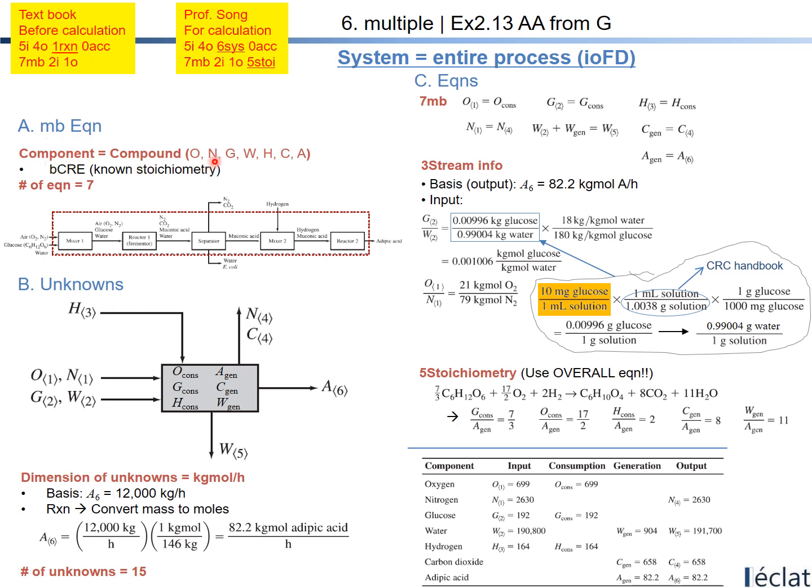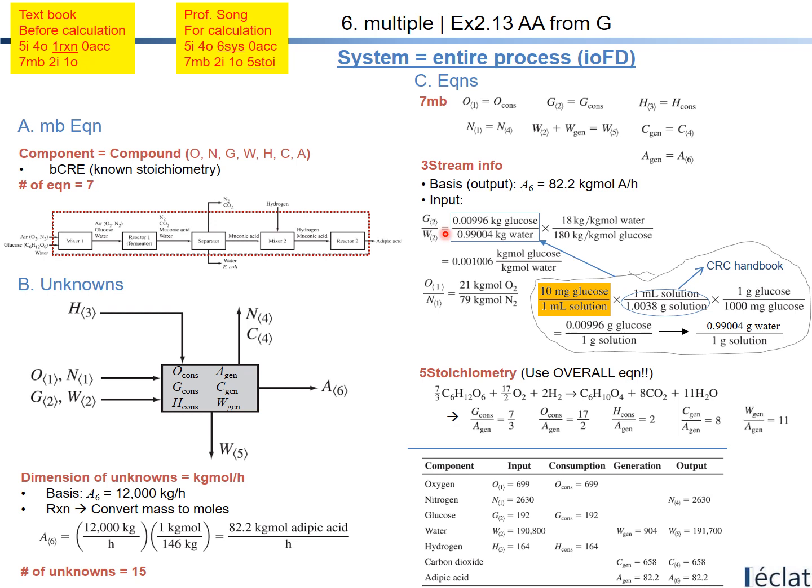So oxygen, nitrogen, glucose, water, hydrogen, carbon dioxide, and adipic acid from this block flow diagram or input-output flow diagram. So 7 components are there, so 7 material balance equations. And 2 input specifications are there.